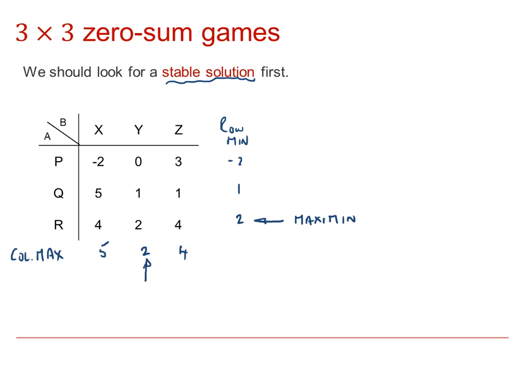This is the mini max value, and we can see that therefore A should play R and B should play Y. The other thing we can tell from this is that the maxi min value is equal to the mini max. So here we've got maxi min is equal to the mini max value. So this solution is stable.